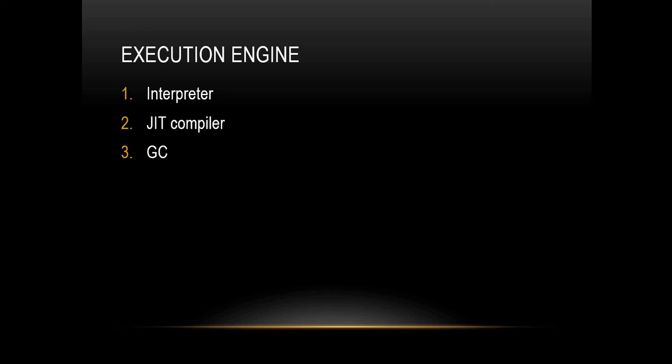Because machine code needs to be understood by your Linux platform, and a different machine code is required to be understood by your Windows platform. Okay, so the process of converting that loaded bytecode into the machine code is done by interpreter. Okay, so when you run your program, first your bytecode gets converted into machine code, and then it's executed.